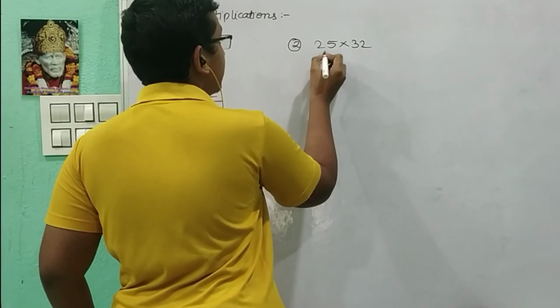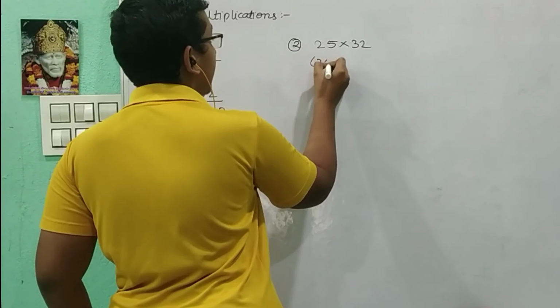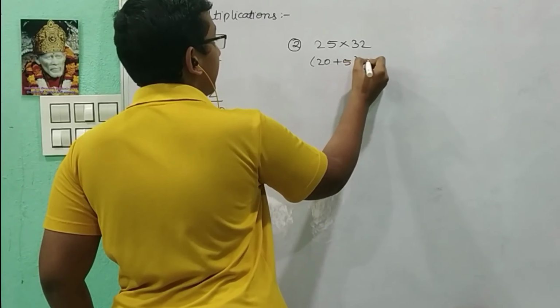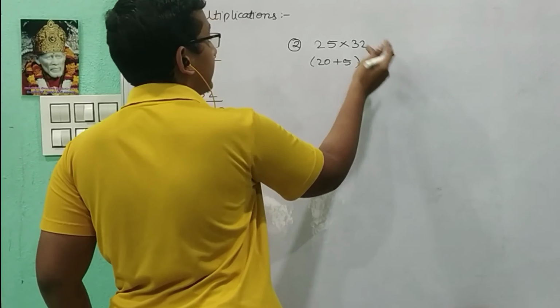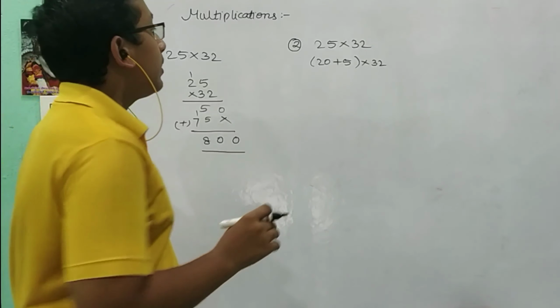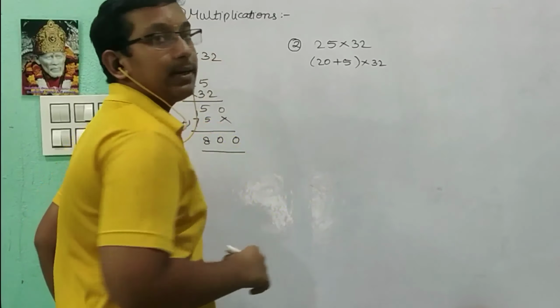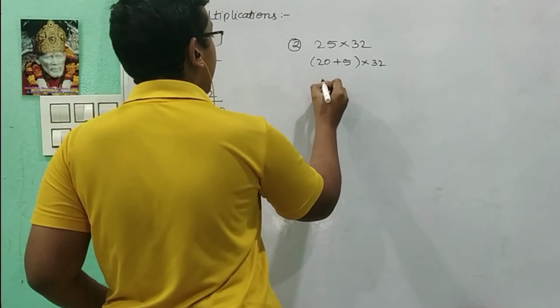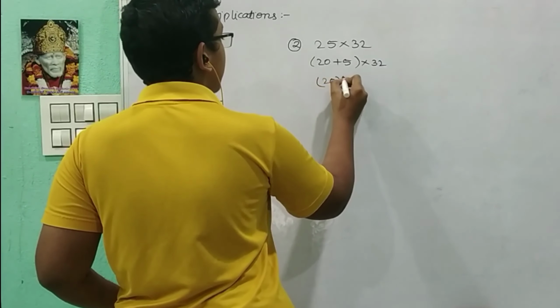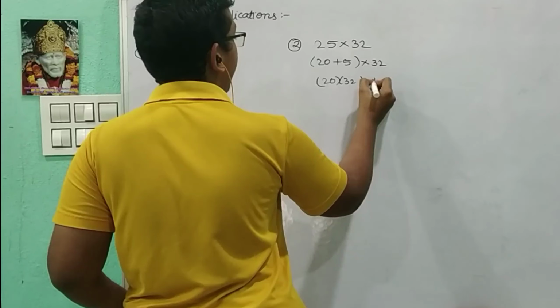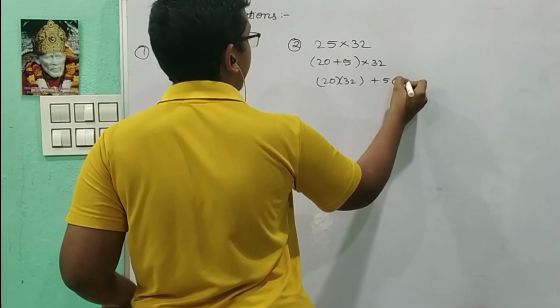This 25 can be written as 20 plus 5, isn't it? Into 32. So now this is 20 into 32 and 5 into 32. Expanding that, you get 20 into 32 plus 5 into 32.